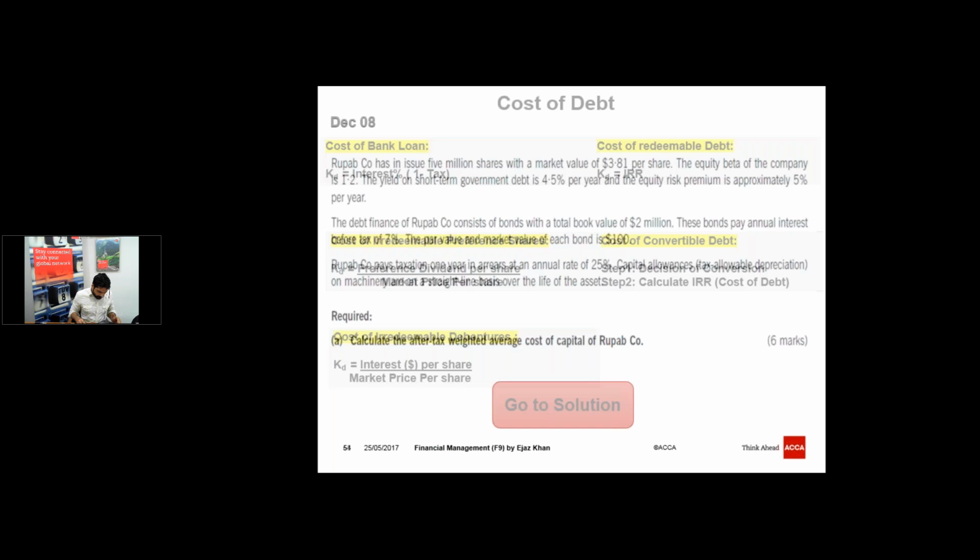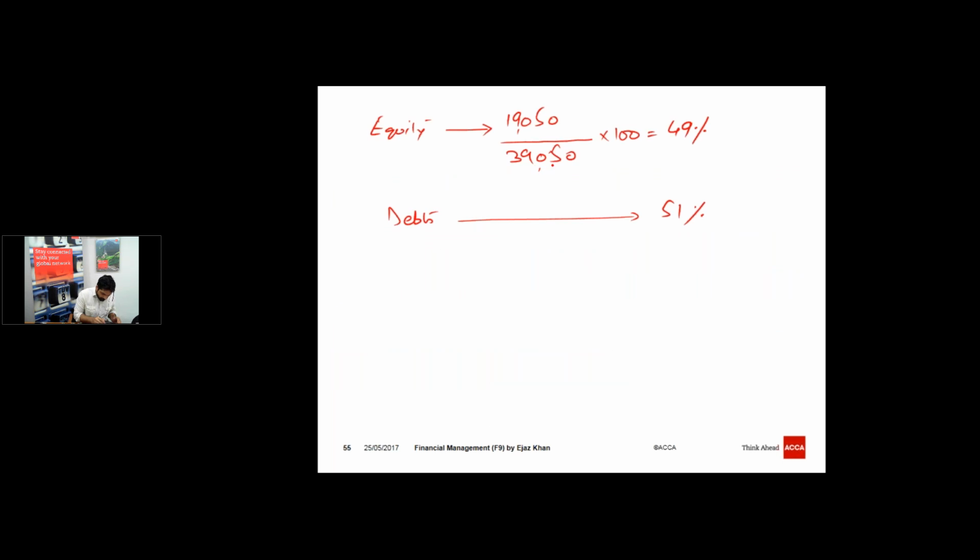Can you give me the sum of these two? I think it's not the correct figure. What should I write in the denominator? 21050, right? 21050, and it is 90%. 90.5. Okay, I can write it 91%. So it's 91%. If it's 91%, then the debts are only 9%, right?